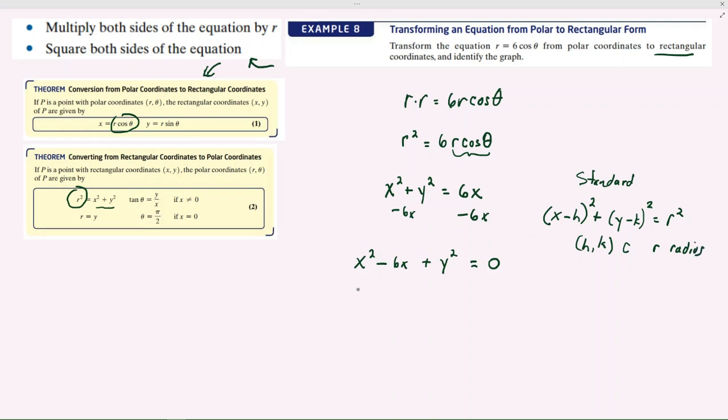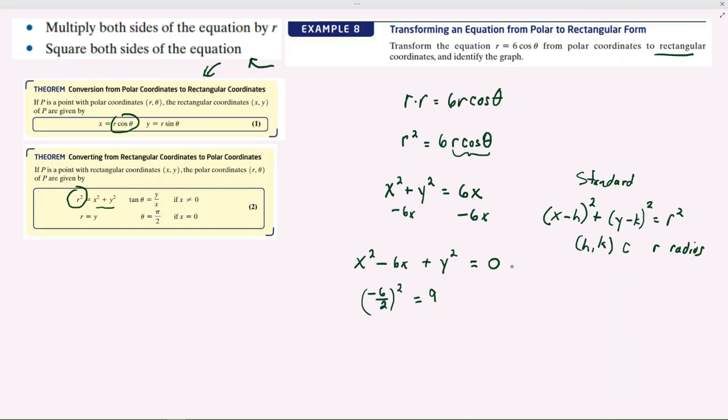Okay, so what we can do is, if you remember how to complete the square, we take the b over 2 and square it. So I'm going to take negative 6 over 2 and square it. That's going to be 9.